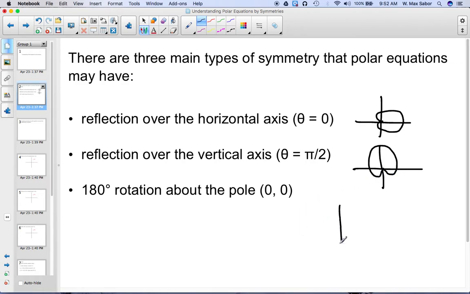And a rotation about the pole would be something along the lines of that. And to be fair, this has all three of them because it's reflective left-right and up-down. An example where it does not have reflective symmetry across either of those would be something like that.